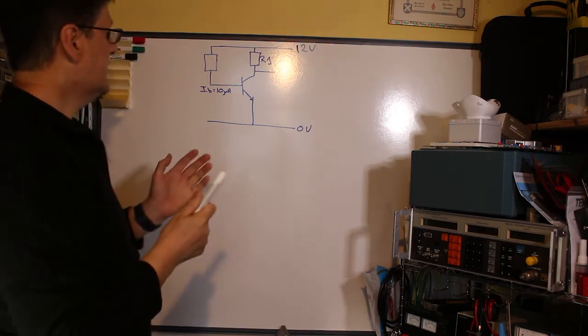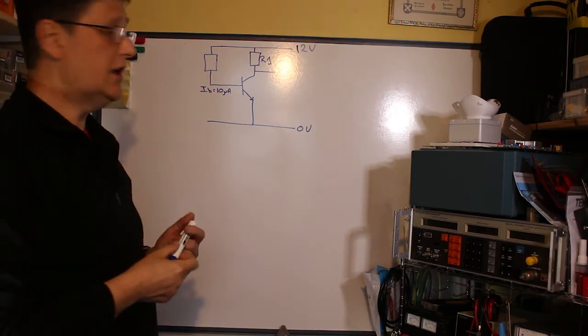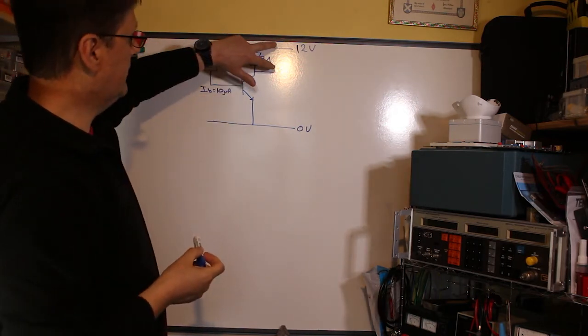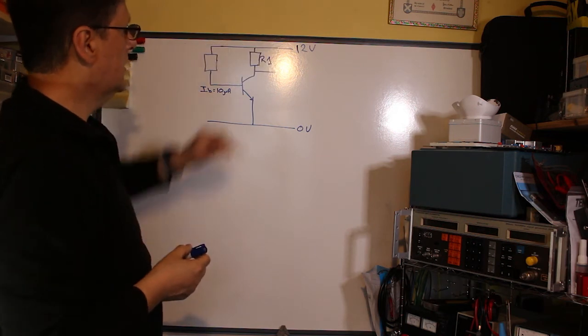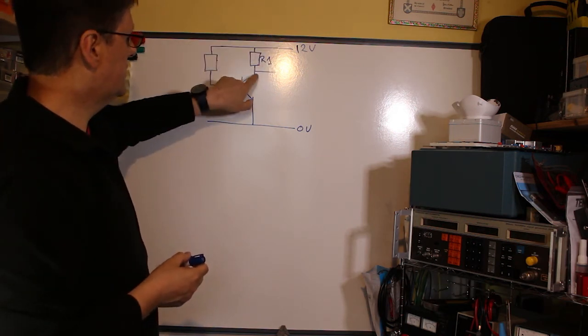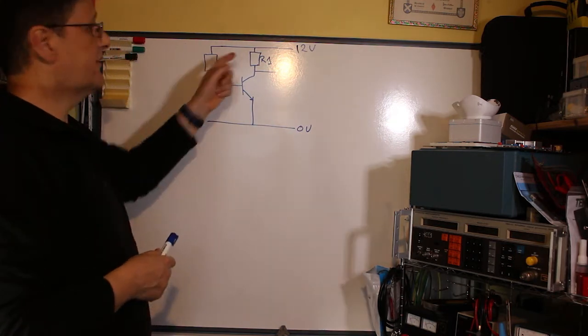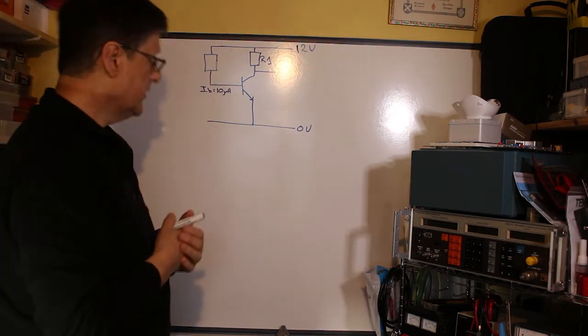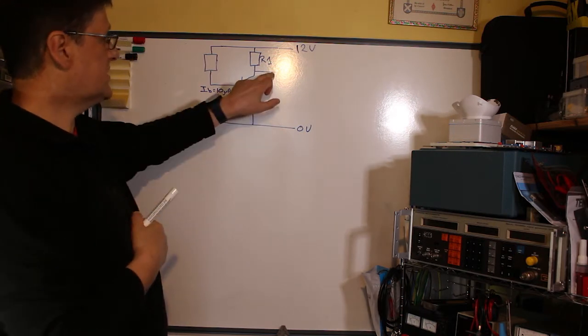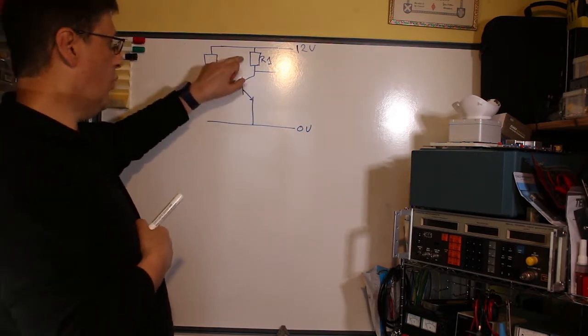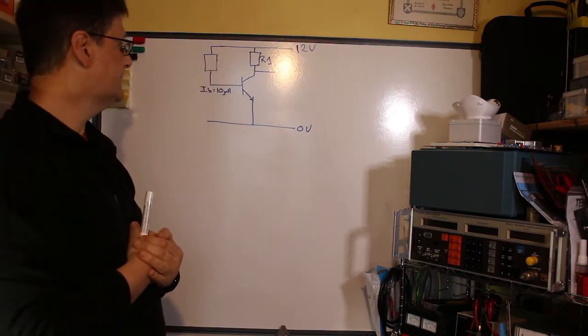So in this circuit, if I was to create it now and put a voltmeter across the positive 12 to the collector of the transistor, I would measure 6 volts, but I don't know the value of this resistor. So this question is asking, to get 6 volts here, what value of resistor do I need?